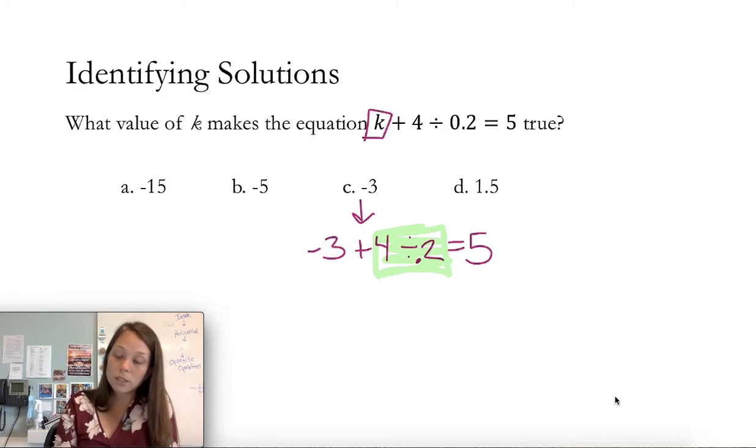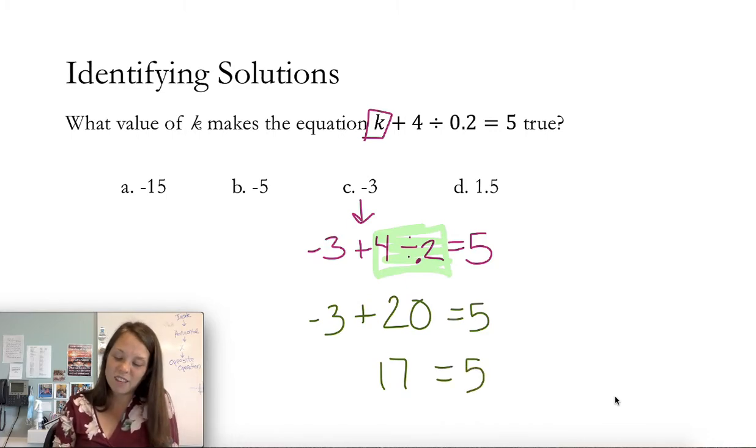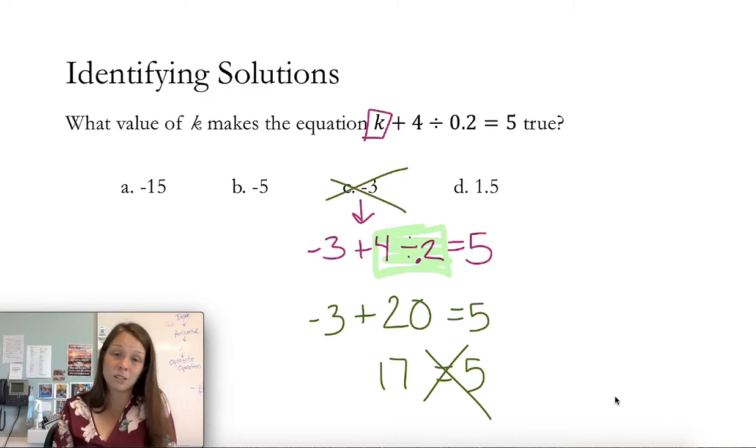So 4 divided by 0.2 is going to give me 20. And then I'm going to take negative 3 plus 20, and that gives me 17. But this equation says it needs to equal 5, and it doesn't. That's not true, which means negative 3 is not the answer.